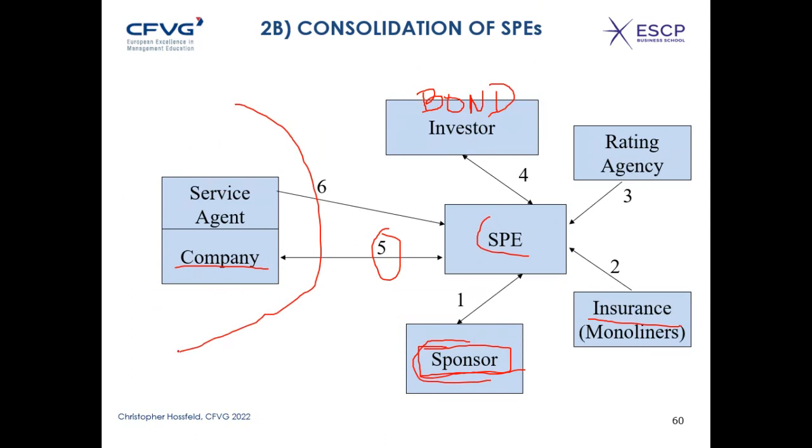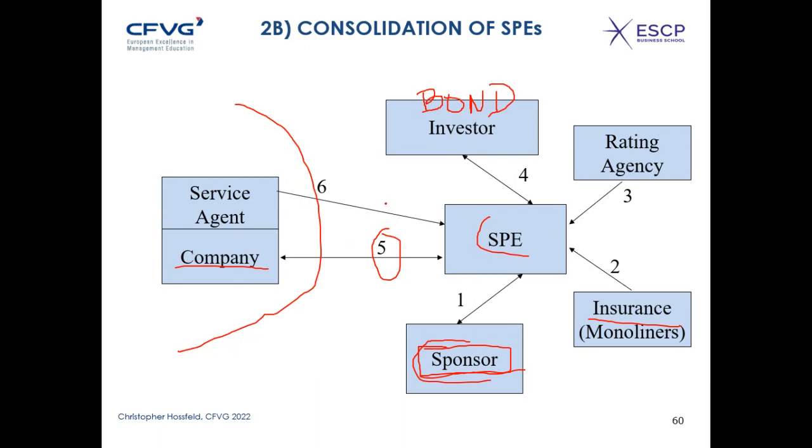That means the company could set up an SPE or arrange to set up an SPE, but since the company was not a shareholder, was not the sponsor, well, the SPE was considered not part of the scope of consolidation, and therefore the SPE was not visible as it was not on any balance sheet. Now, since 15, 20 years ago, the accounting regulation has changed.